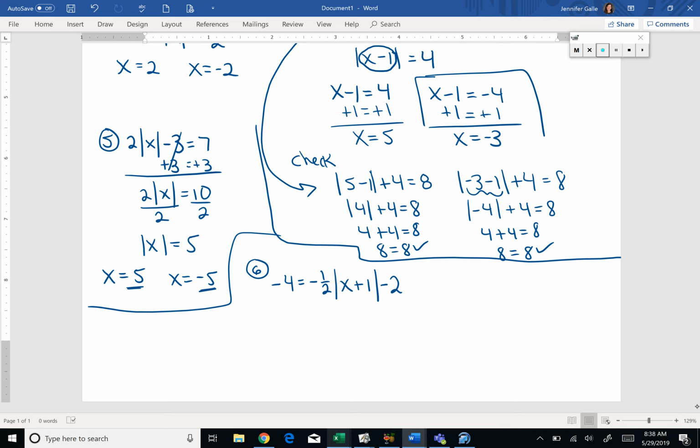Try this one out. If you can do this one, nothing on the quiz is going to slow you down.